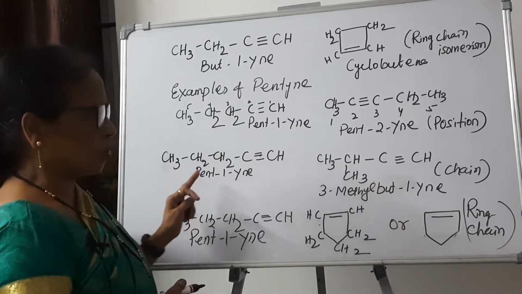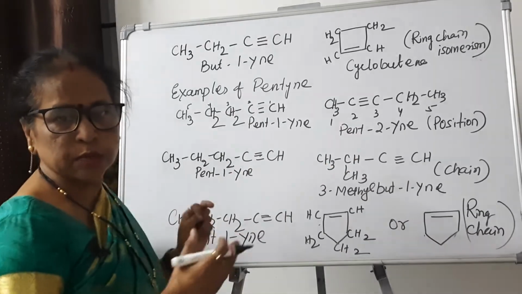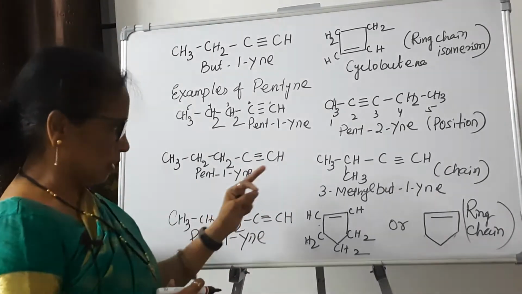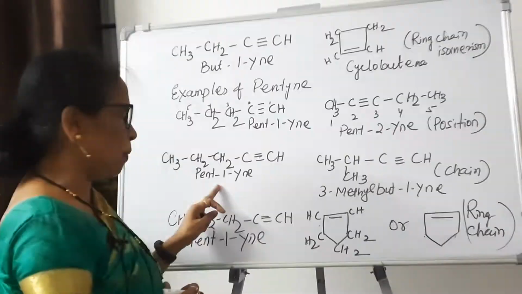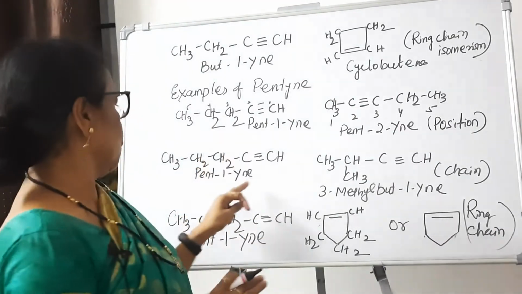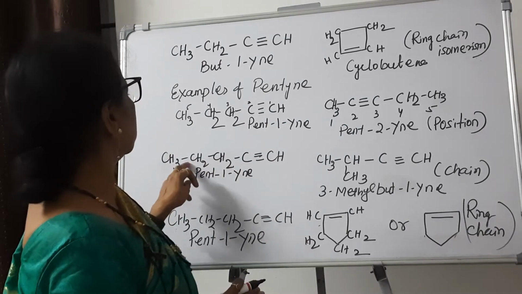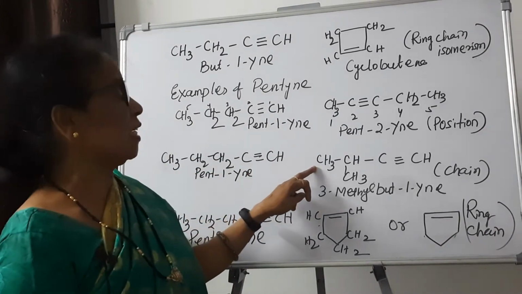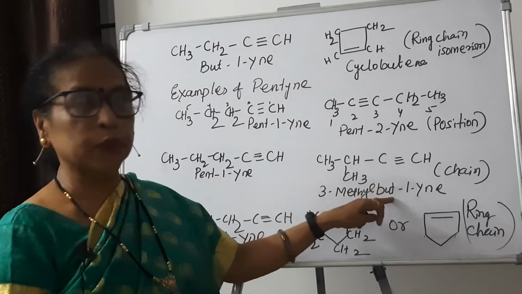Next is chain isomerism. Chain isomerism means some substituent groups should be there in the other one, whereas the simple one is pent-1-yne. You can find here there is no substituent group, and that is why it is 1 2 3 4 5. So you can see it is 2-methylbut-1-yne.